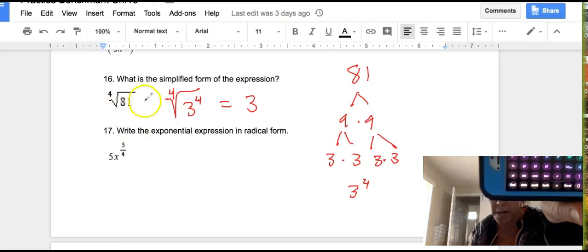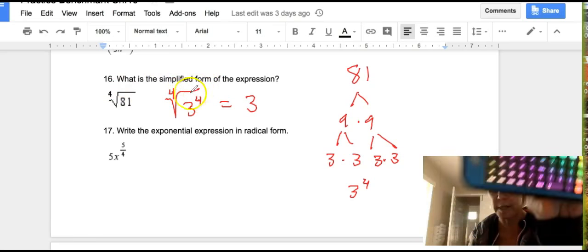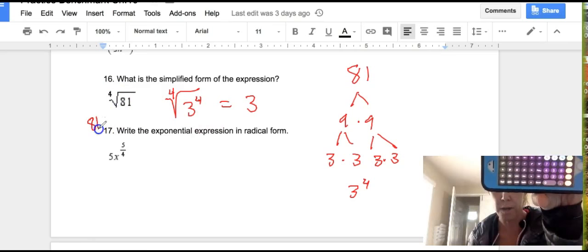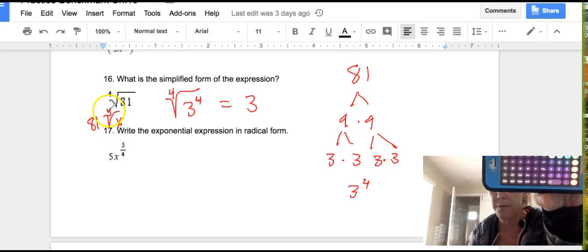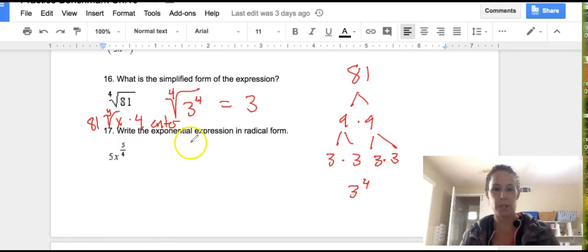So you'd have to do it in that order. Different calculators have different orders of entering things. This one would look like this on a phone calculator: 81, then you would hit this button, y root x, then for the y, which would be 4, you would hit 4 and then enter. That would be the order that you would put this to get this solution if you wanted to use that.